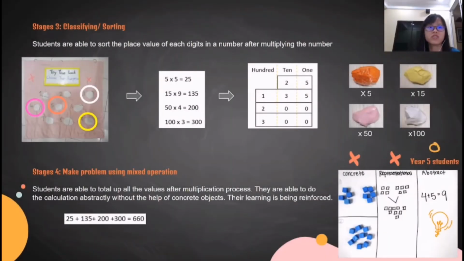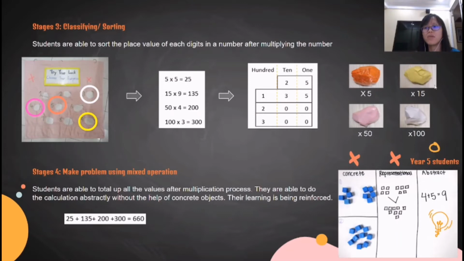Stage 3, students are able to classify and sort. Students are able to sort the place value of each digit in a number after multiplying the number. For example, for the orange ball times 5, the student throws into the hole of 5, then he or she needs to take 5 times 5.